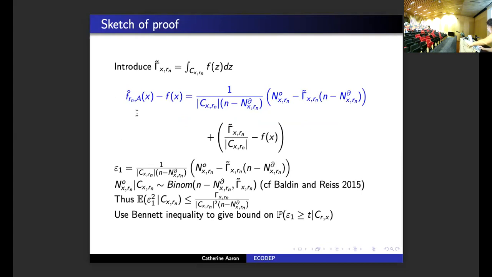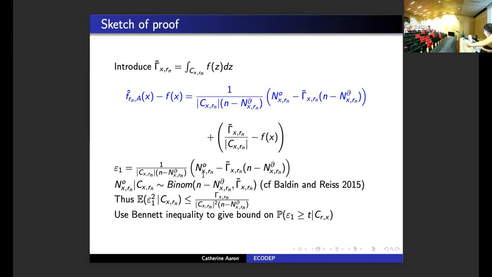I can decompose the difference between the estimated density and the true density as the sum of two terms, and the two terms go to 0 for different reasons. First, let's see this epsilon1 term.